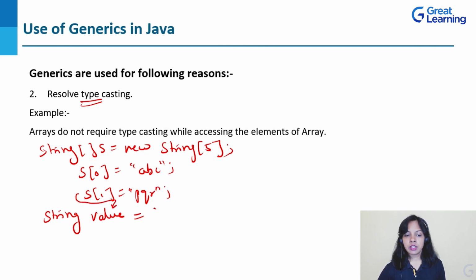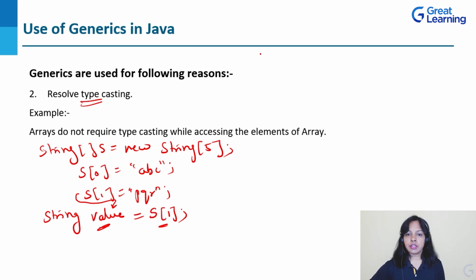How will I do it? Just write value equals S of 1. That's it. There is no type conversion required. This is of type string, and this is also of type string, so it can store the value of S of 1 into value. This is called no typecasting required. No explicit typecasting is required in the case of arrays.